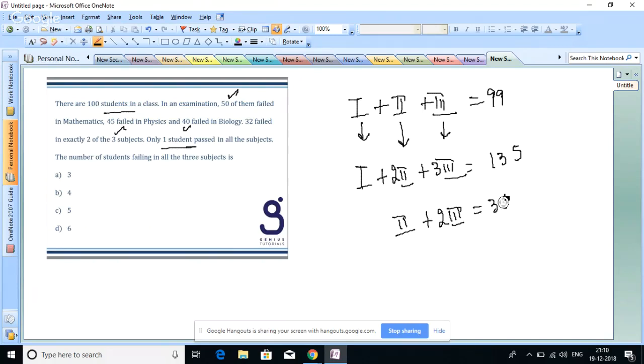If I subtract these two, we will be left with 2 plus 2 times 3 as 36. And it is given to us that exactly 2 is 32, because actually 32 students failed in exactly 2. So just substitute here, you will get 2 times 3 as 4, so 3 will be 2. That means only 2 students failed in all the 3 subjects.